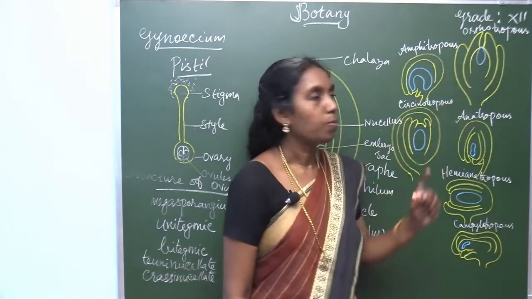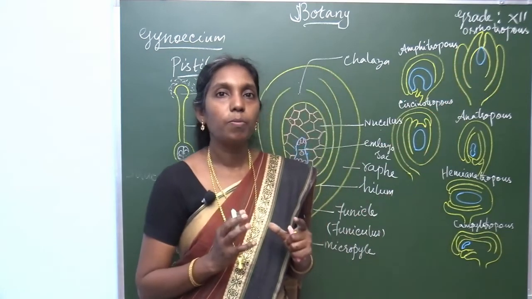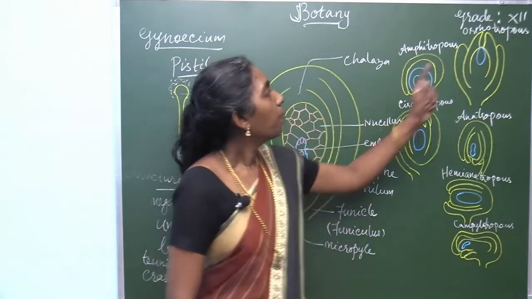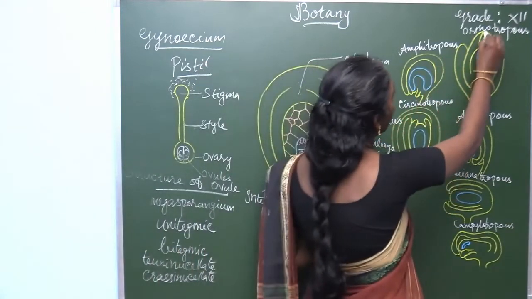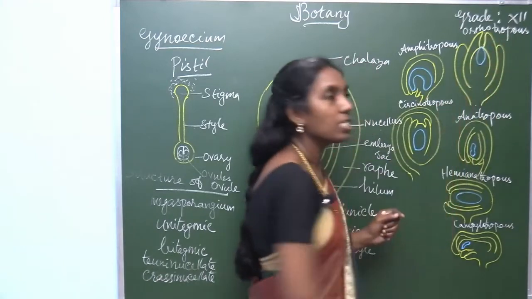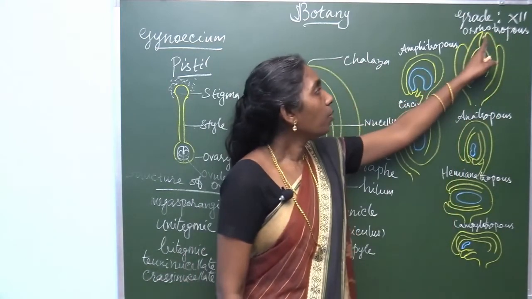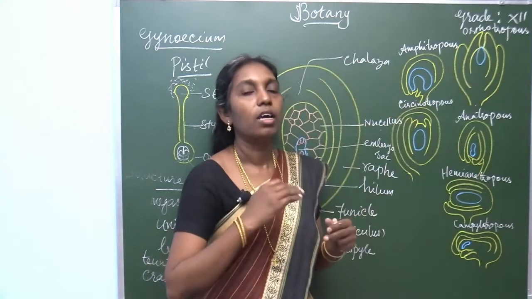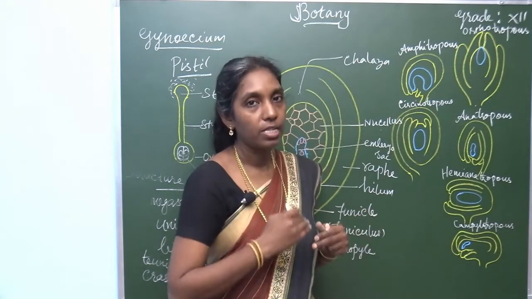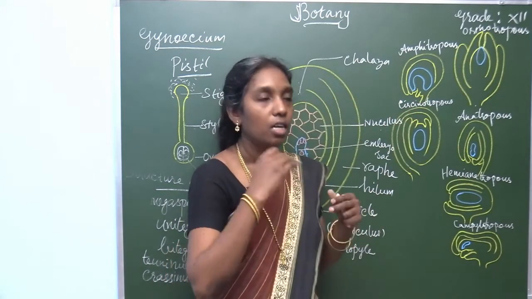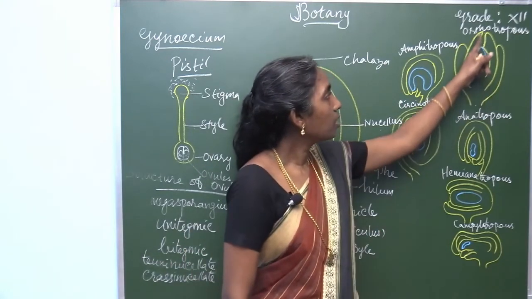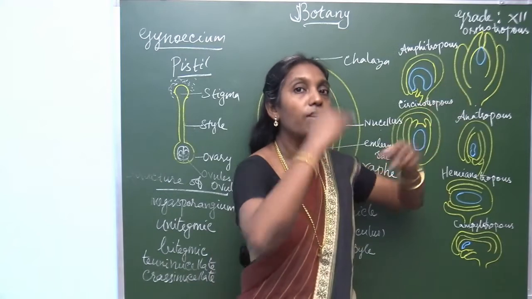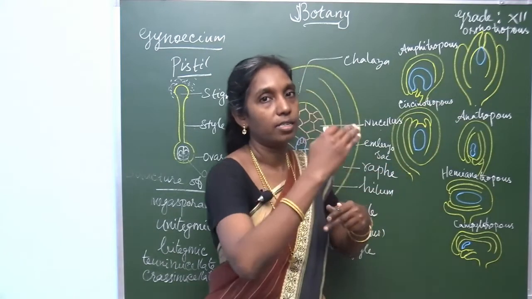In the orthotropous ovule, this region is the micropylar region, and the opposite region is the chalasa. The micropyle is at the distal end, away from the center.